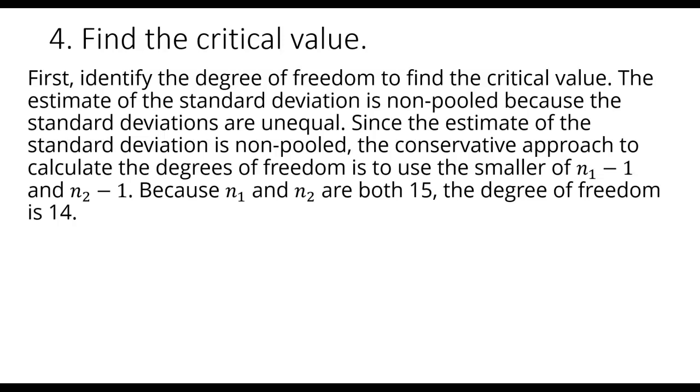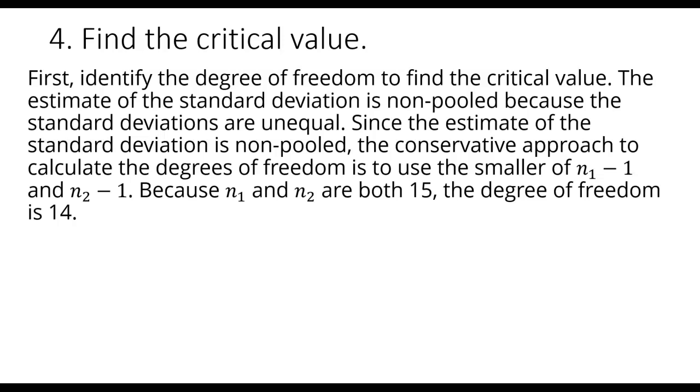Remember, one was 2.4, one was 2.5. Since the estimate of the standard deviation is non-pooled, the conservative approach to calculate the degrees of freedom is to use the smaller of n sub 1 minus 1 and n sub 2 minus 1. The two sample sizes, the smaller. Well, both of our sample sizes are 15, so therefore our degrees of freedom will be 15 minus 1, or 14.